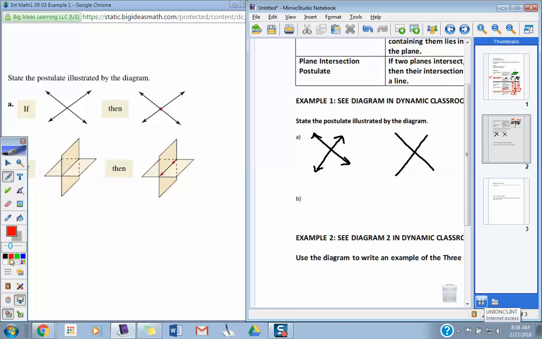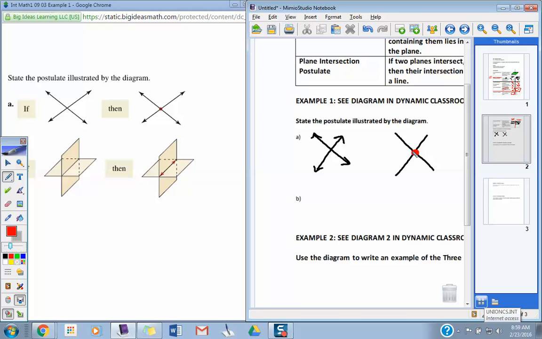So guys, you need to go through all your postulates right there and tell me which postulate's being modeled there. Which postulate's happening there, guys? Look through your first page of postulates and then to the top of the second page. Which postulate's being modeled there in diagram A? The line intersection postulate. If two lines intersect, that's what this says.